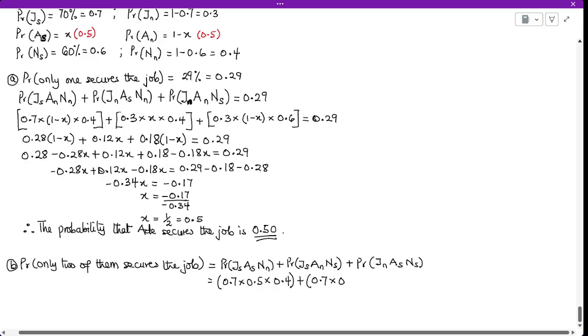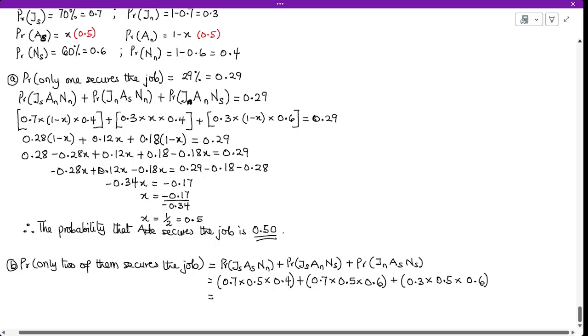Ade not securing the job is still 0.5. Then Ngozi securing the job gives me 0.6. Then the last possibility, John not securing the job is 0.3. Ade securing the job is 0.5 again. Then Ngozi securing the job is 0.6.